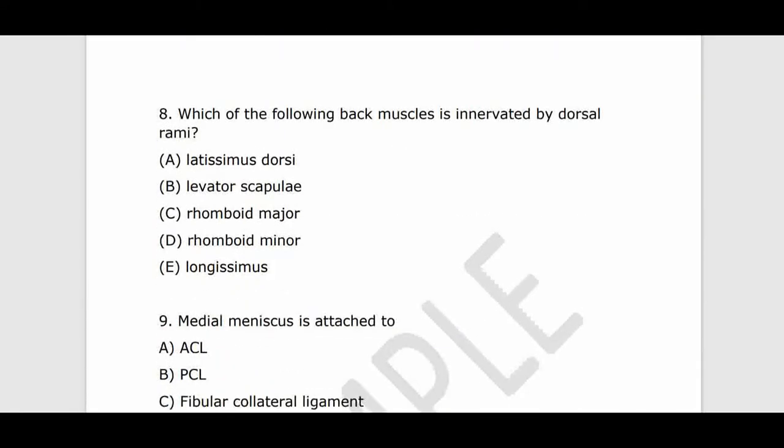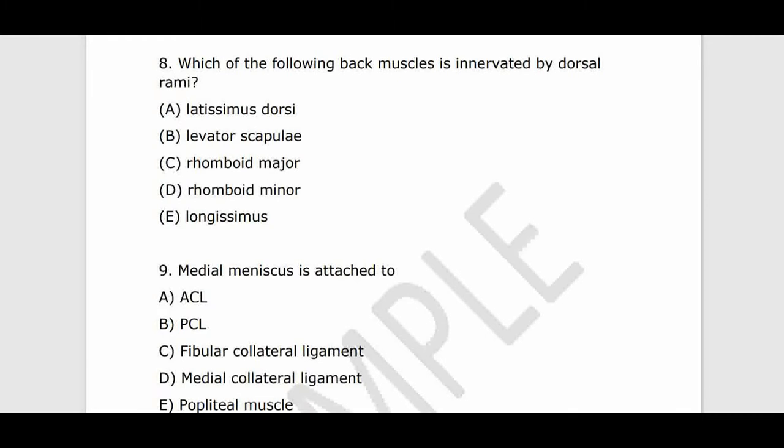Which of the following back muscles is innervated by dorsal rami? Okay, this is an interesting question because what they're asking you basically is, do you know the grouping and embryology of the back muscles? I won't go into so much detail, but what you need to know is that the back muscles are divided into 3 groups. You should know that already.